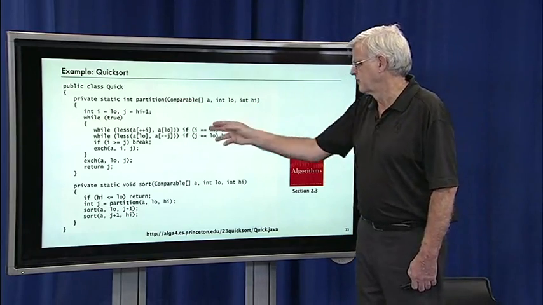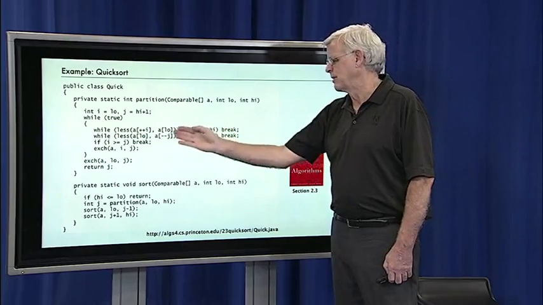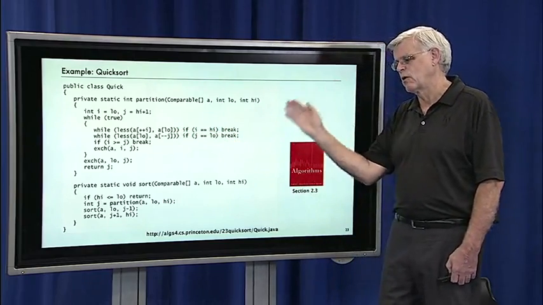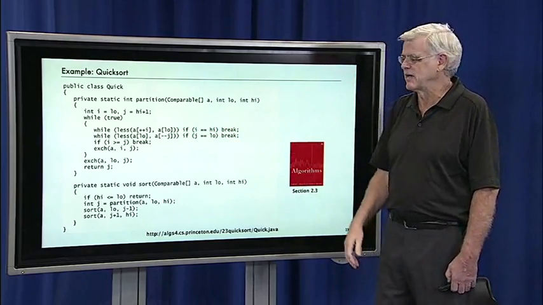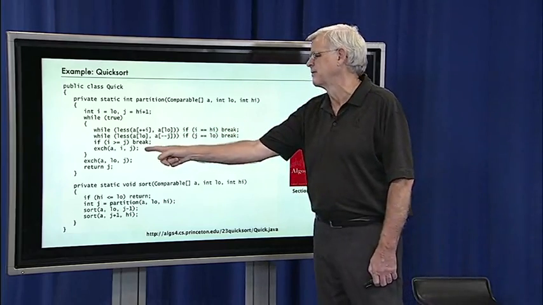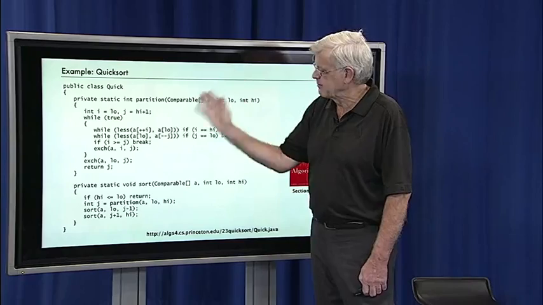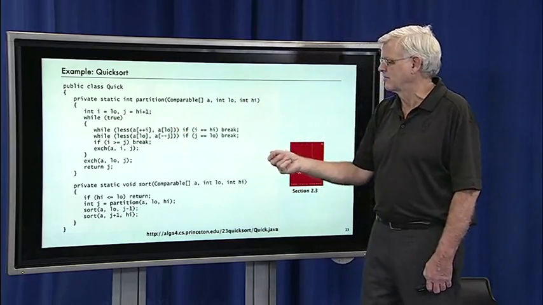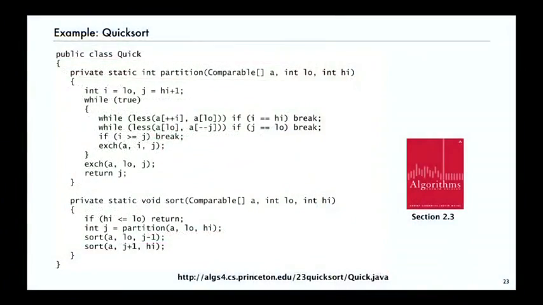And then scanning from the right, as long as we have bigger ones. If we find a small one on the right and a big one on the left, we exchange them. And then we keep going until those pointers cross, at which point we put the actual partitioning element into place. If you're not familiar with that, read about the details in Algorithms, 4th edition, or on the book site. That's a quick review.